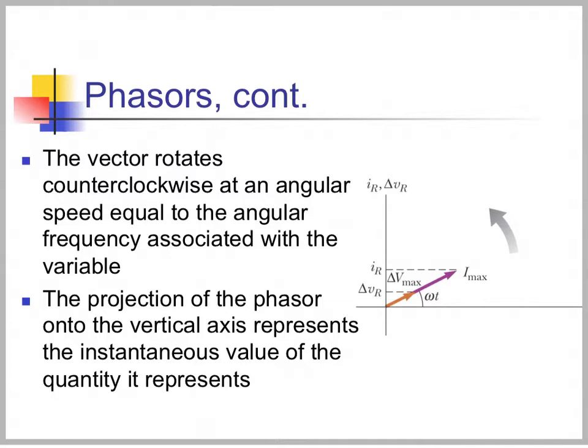The projection of the phasor onto the vertical axis represents the instantaneous value of the quantity it represents. If we allow this to change in time, the projection of this phasor on the axis would increase, then decrease through zero and go negative, showing us the instantaneous value of voltage or current across the resistor as a function of time.